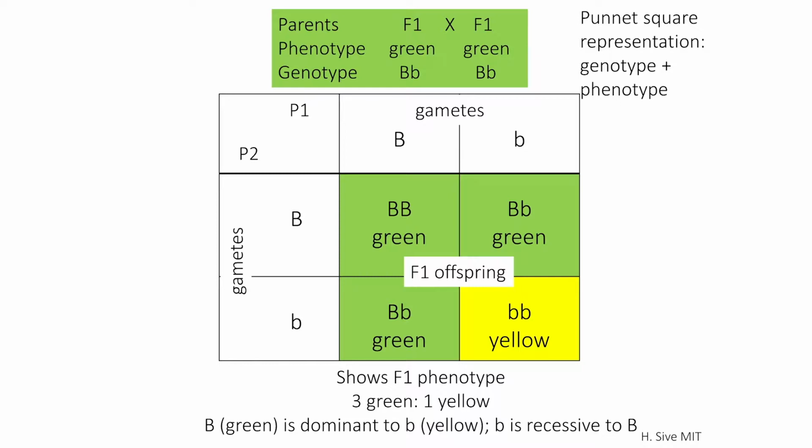what I've done to make it interesting and to show you some other principles is that I've done an F1 cross. In an F1 cross, you're taking the offspring from that initial parental cross and you are crossing them to one another.